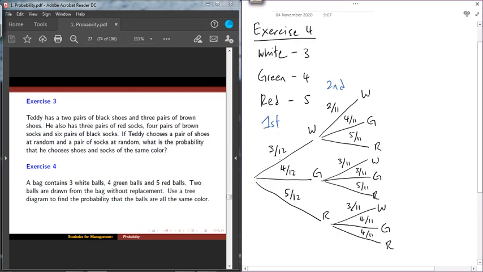Alright, the question is, find the probability that the balls are the same color. So you go white and white branch.